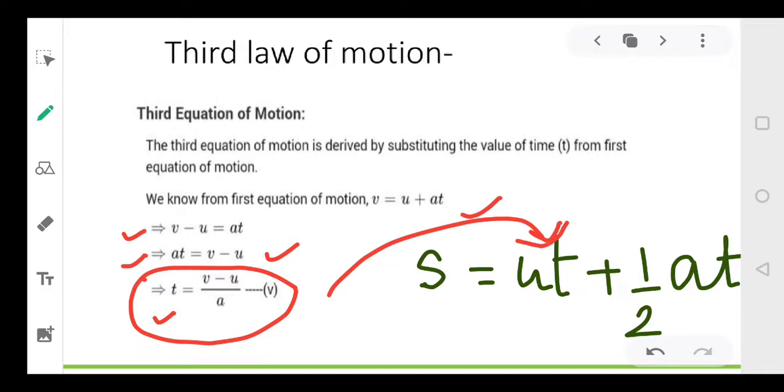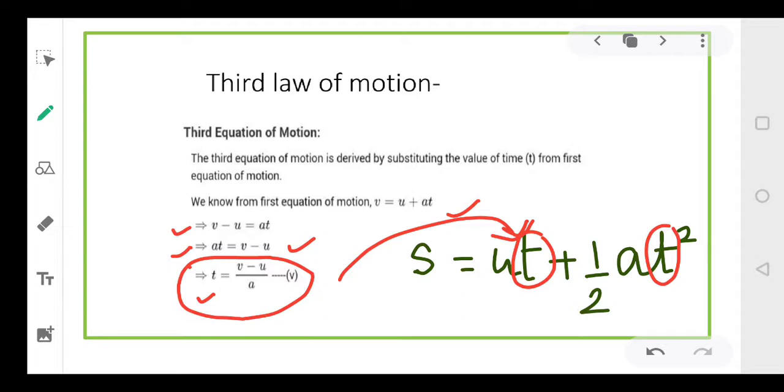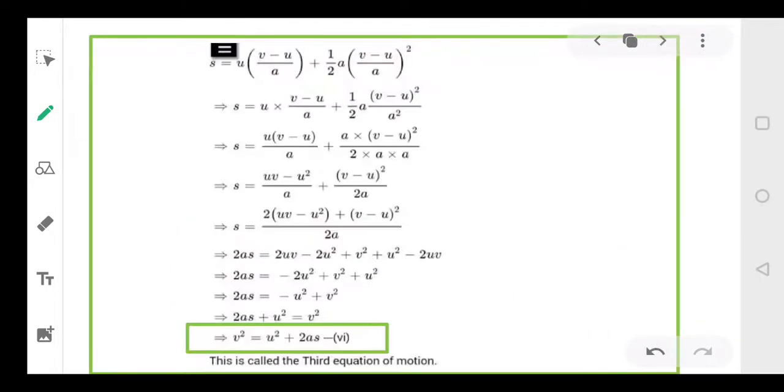S is equal to UT plus half AT square. So the value of T that we have found, we will place here in place of T, right? So S is equal to U times V minus U upon A, since the value of T is V minus U upon A. So put this value.